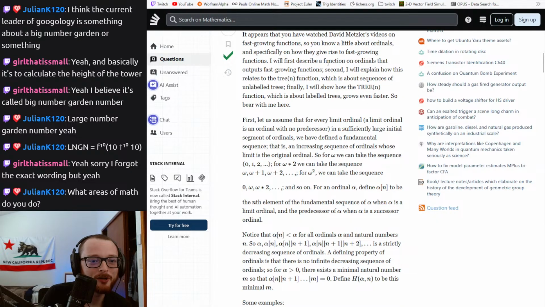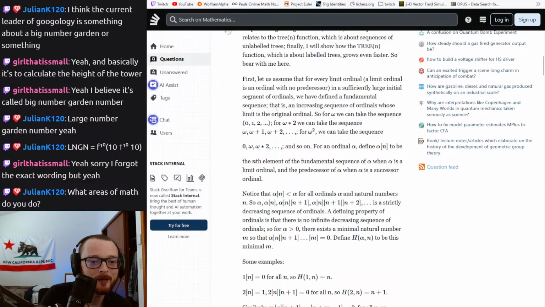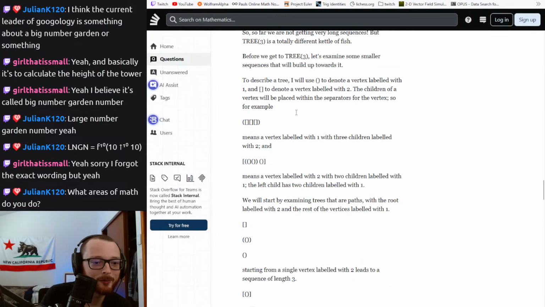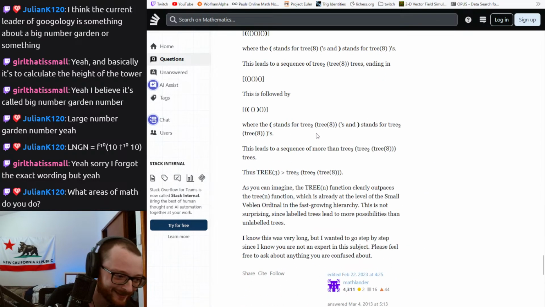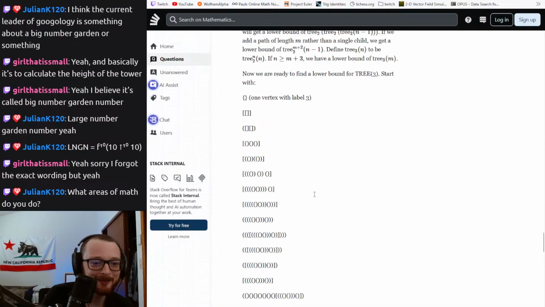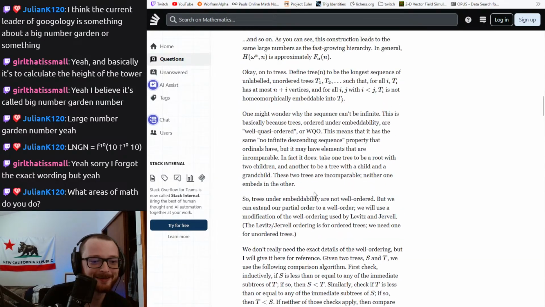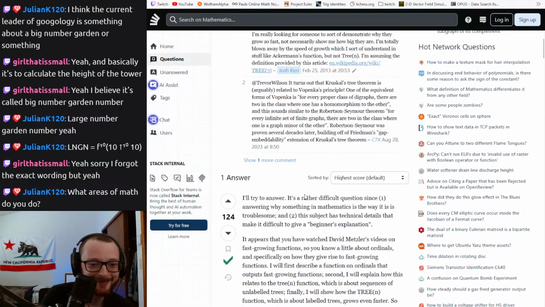A function on ordinals that outputs fast-growing functions. Sequences of unlabeled trees. Labeled trees goes even faster. Oh god. Okay, never mind. I don't want to read all this. I'm gonna give up on this. There's some interesting stuff here, but I think I don't want to read all this.